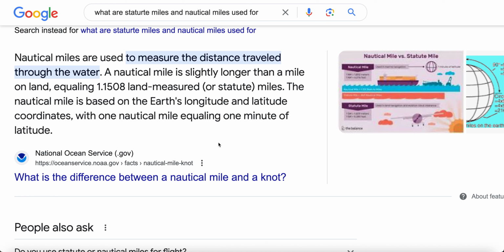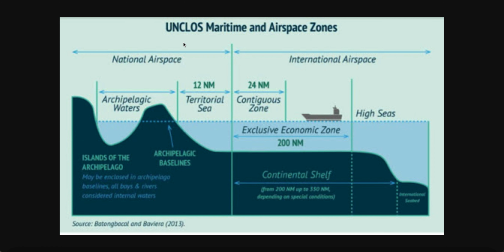We don't have an arced Earth. We have an Earth that has a mean sea level that all elevations are taken from and matched to, right? That is a horizontal line straight through the Earth. That's where we get our horizontal from. Okay, UNCLOS, maritime and airspace zones. So you have here 12 nautical miles, 24 nautical miles, 200 nautical miles.